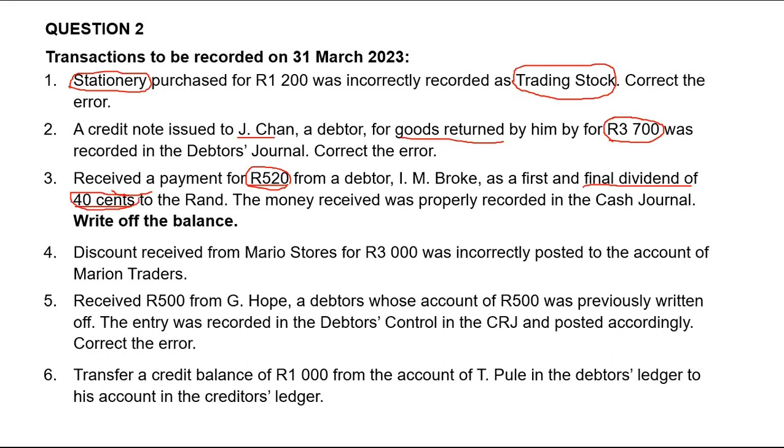And we need to find the balance. Normally, when we calculate that 520, we will normally take the amount that the debtor owes, of which here we don't know, we're going to call it X, and then you will multiply it by 40 cents or 40%. And then it must give you 520.